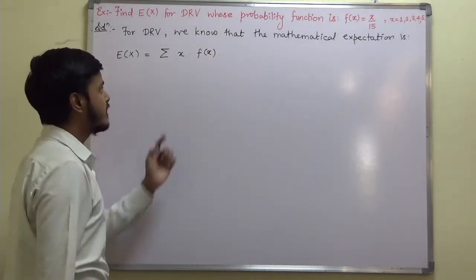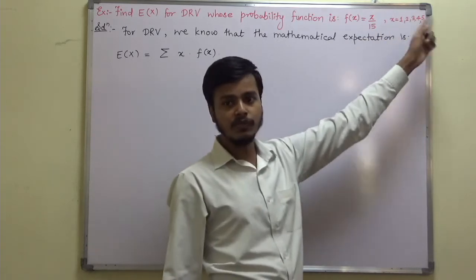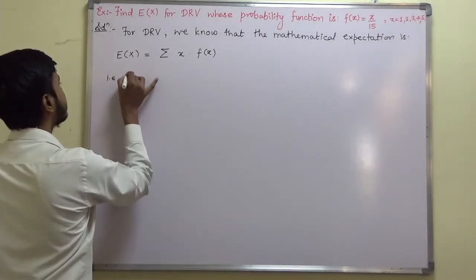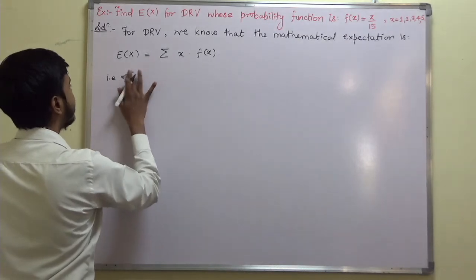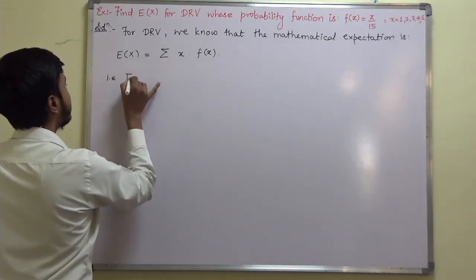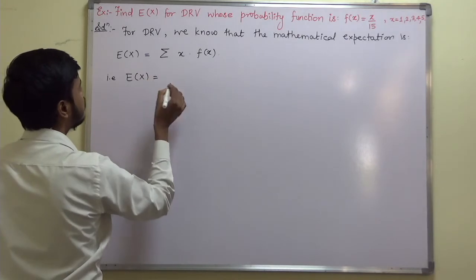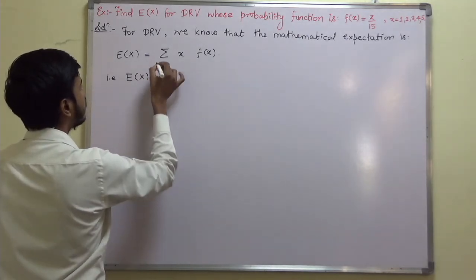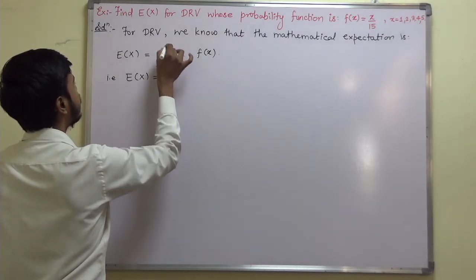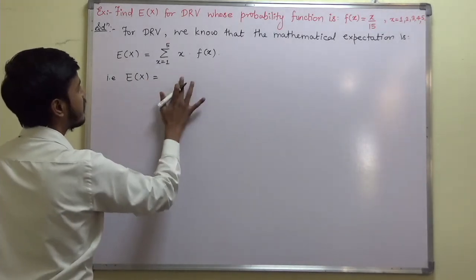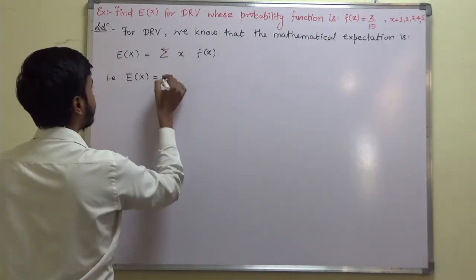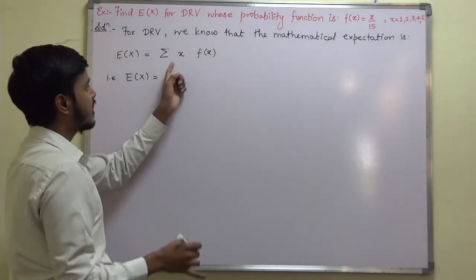Here summation runs from 1 to 5. That is, expectation of x is equal to summation x f of x, where x is from 1 to 5, according to the problem.